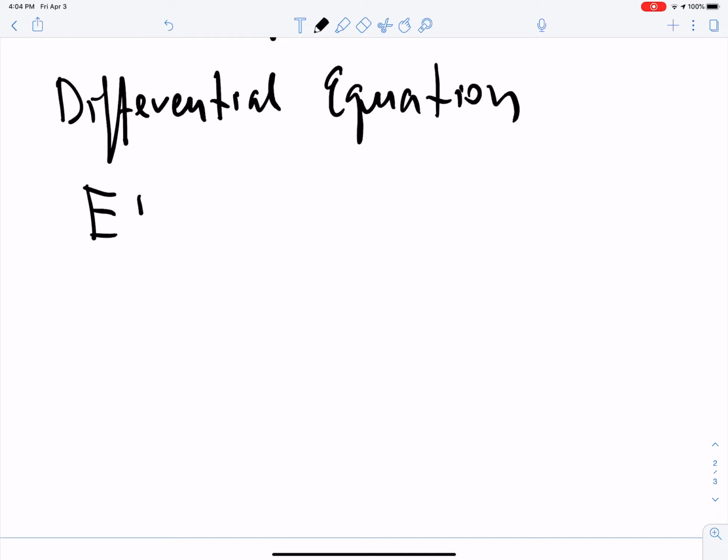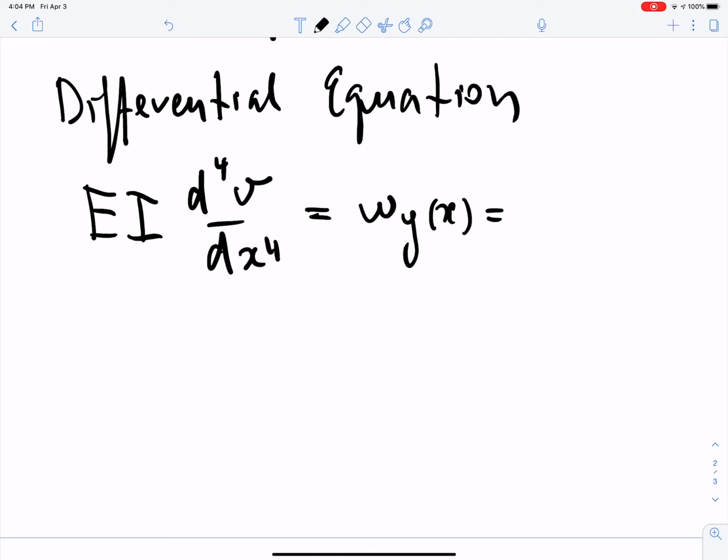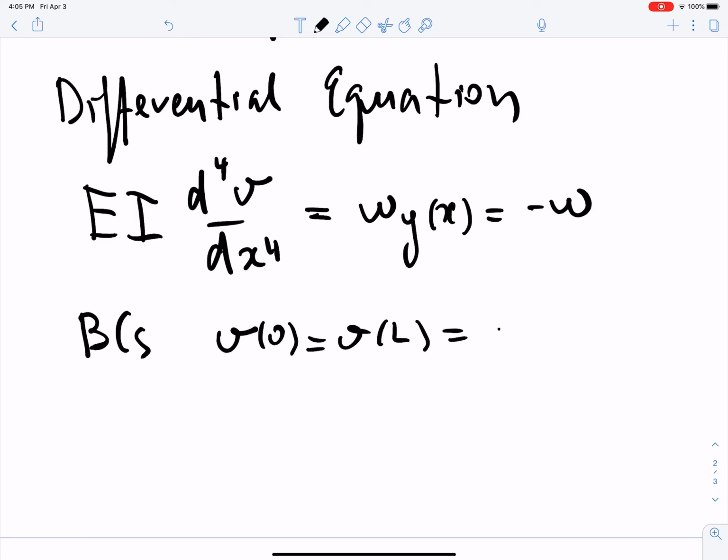So assuming a prismatic beam, EI d to the fourth V dx to the fourth equals, remember, W sub y of x. And in this case, it becomes minus W. Boundary conditions: cantilever at both ends means that V at 0 equals V at L equals 0, and the corresponding slopes are also 0.